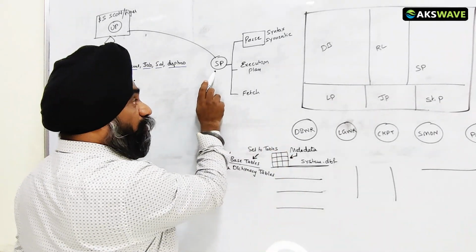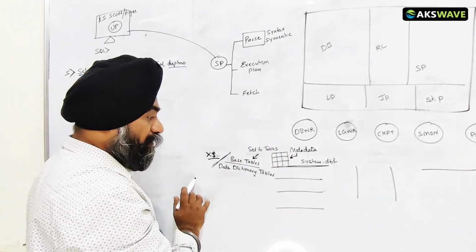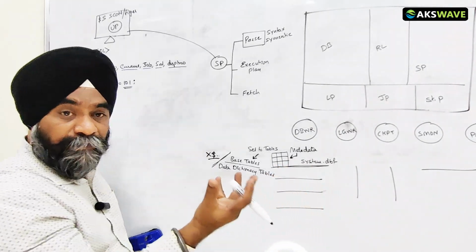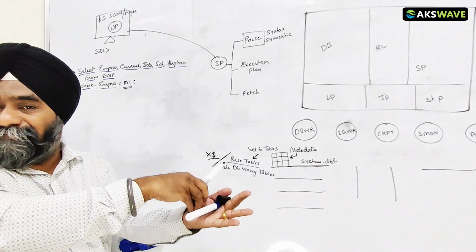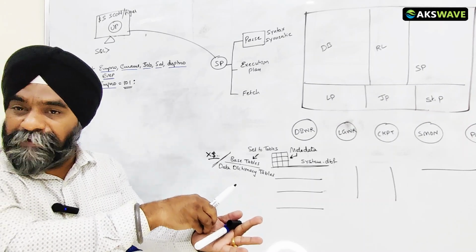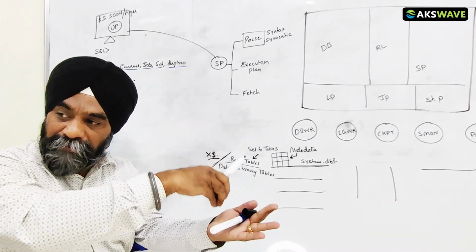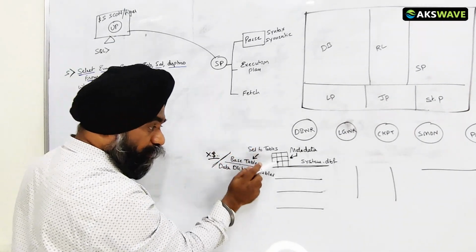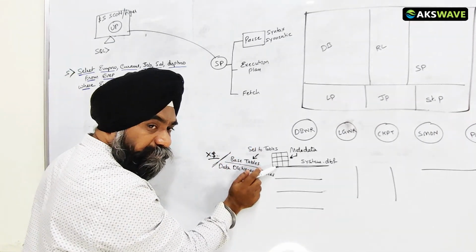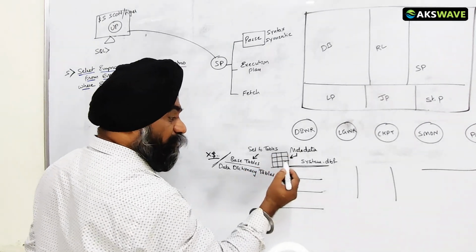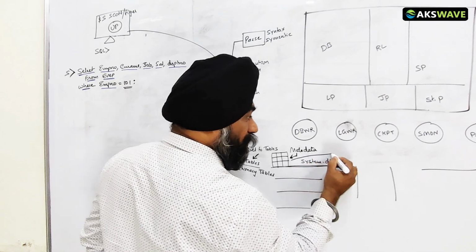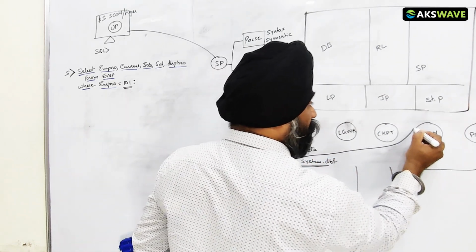So my server process needs this metadata from a file. Where are the files? Files are on your hard disk. The server process will go to the file on the hard disk, read those tables, whatever metadata is required, take it and bring it into this area.